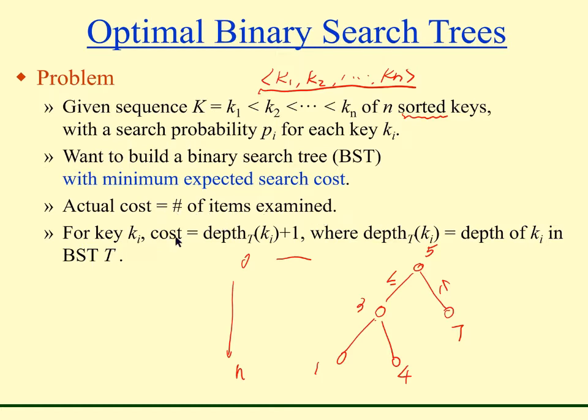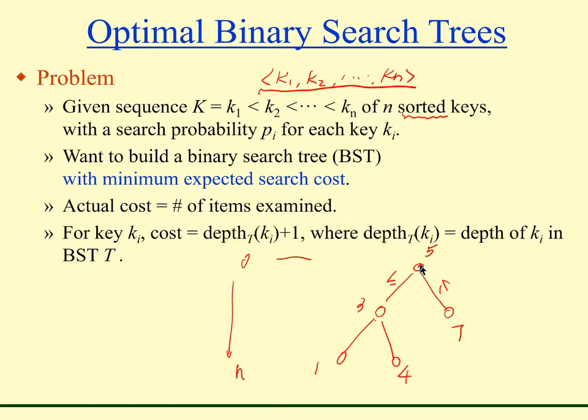Okay, for example, if we look at the ki, the cost will be the depth of the ki plus 1. For example, like this one, because the depth means how many layers to reach this element. So this is layer 0, this is layer 1. But to reach any element in layer 1, we must start from the root node.